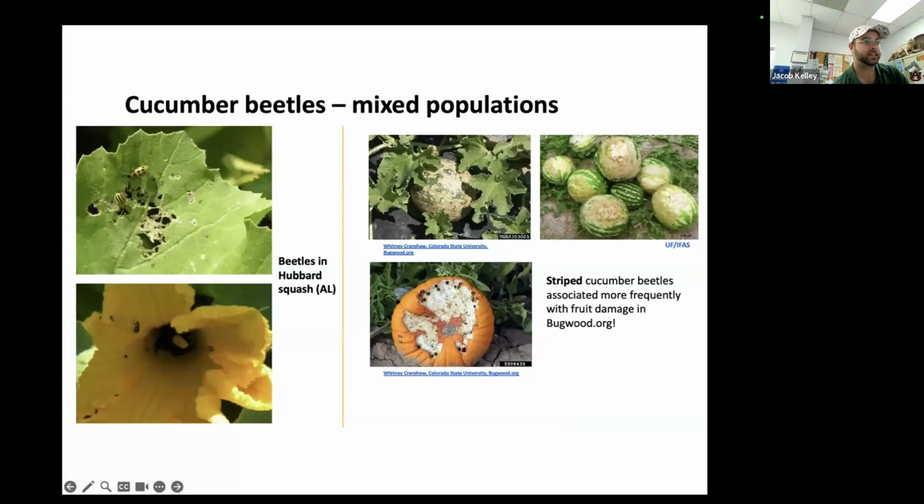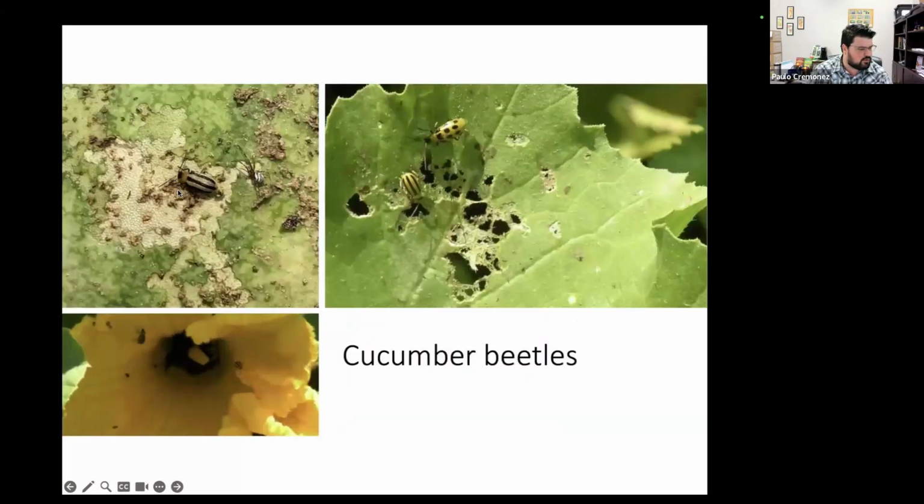Okay. I'm not sure when I stopped talking there for you, but I was showing the different species here that can live in mixed populations, so you can find both of them attacking at the same time.